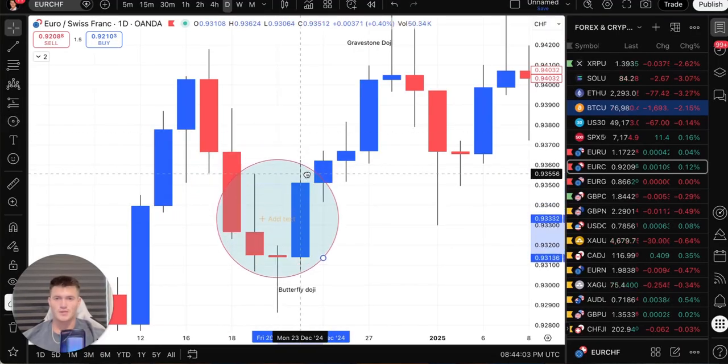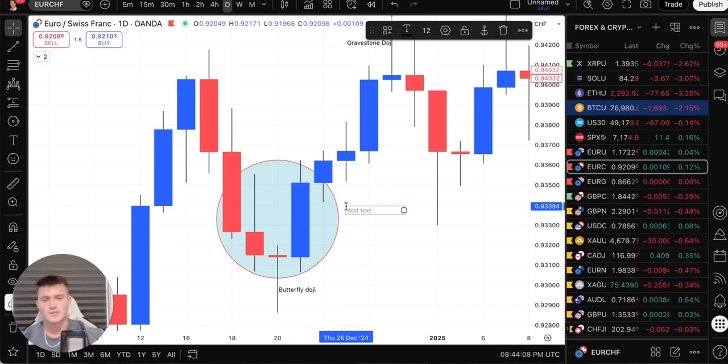So here, this pattern is considered a morning star pattern. It's a reversal pattern signifying buyers are taking over.